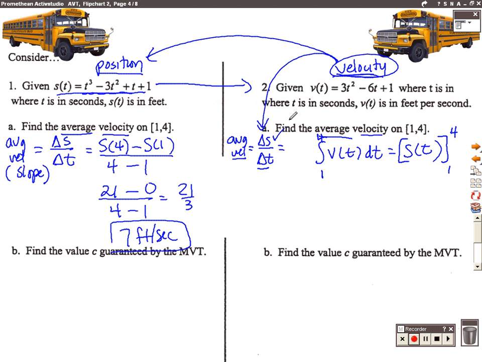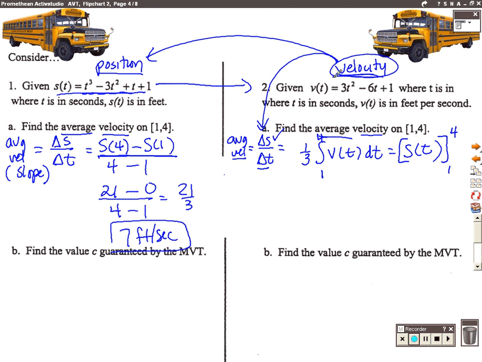So change in time, that's easy. 4 minus 1 is 3, so I get 1/3 out front. Now that's the same thing as dividing by 3. See, here's my dividing over on the left-hand side. Here's my dividing by the 3. Doing the same thing over here, just with an integral. All right, so what's the big deal here? What's going on here? What did I start with?